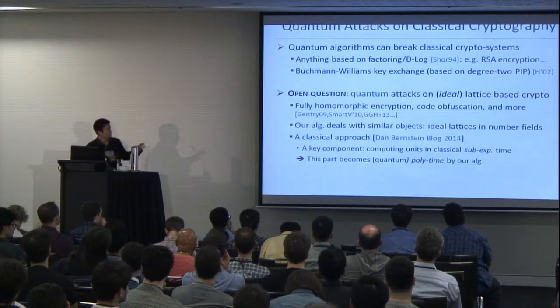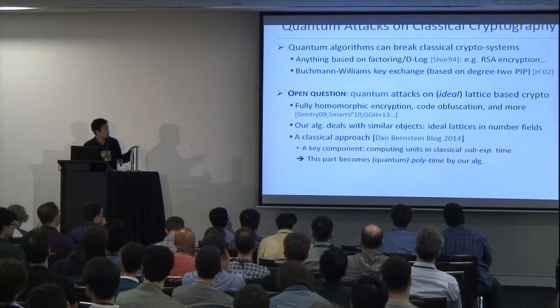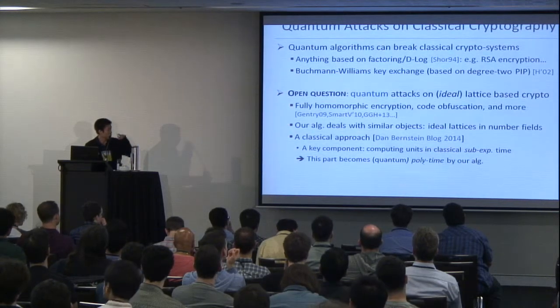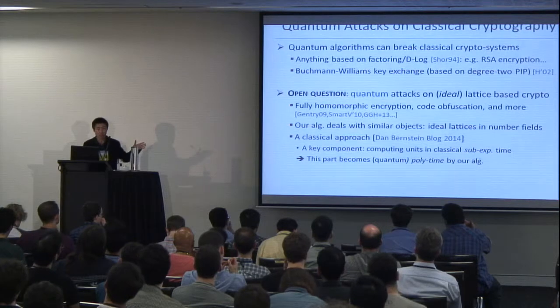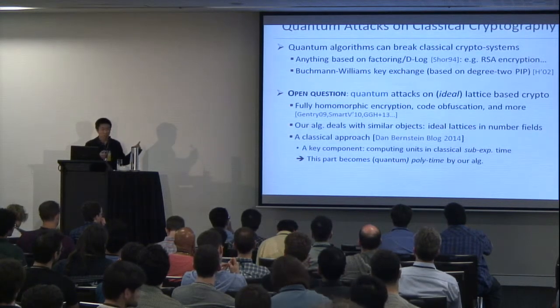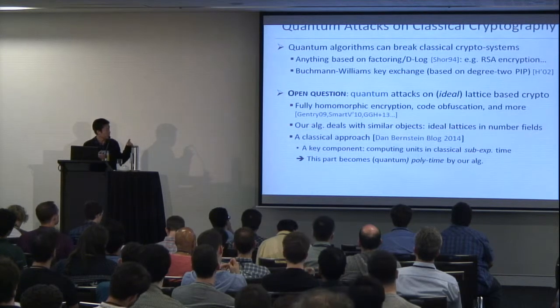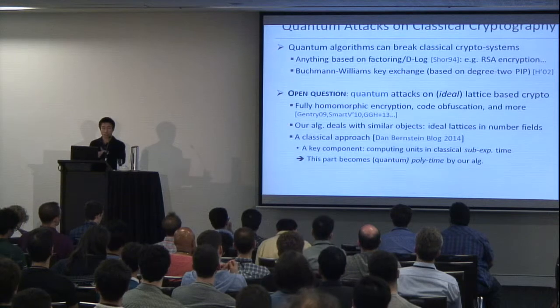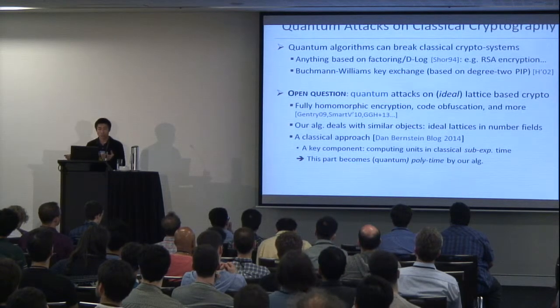So here I want to mention an approach of attacking ideal lattice-based crypto proposed by Dan Bernstein. So I want to say this is just an approach. It may or may not work, I'm not sure. But one key component in his approach is computing the unit group by some classical algorithm which takes sub-exponential time.